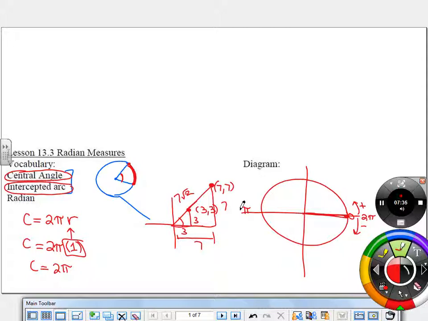So they're taking this idea that we don't have to give someone degrees. We know about circumference. We could tell them how much of the arc of the circle to travel around, and that's kind of what a radian is. But in the end, they're the same thing. So we're going to associate both degrees and radians as ways for someone to tell us around the circle how much to go to be in a position that we would then calculate sine or cosine or tangent of. So this is just another way for them to give us that position.